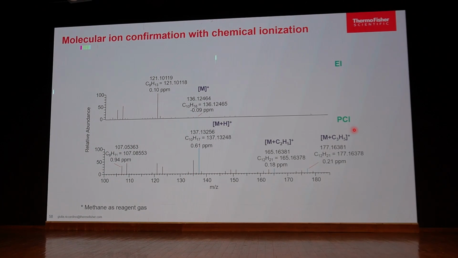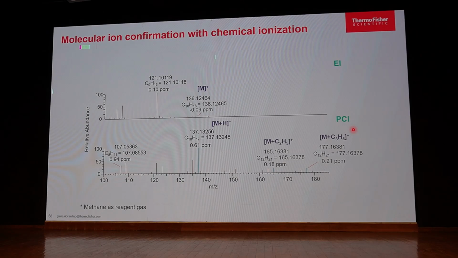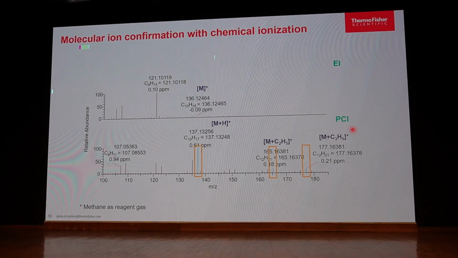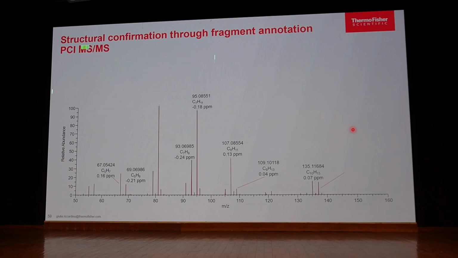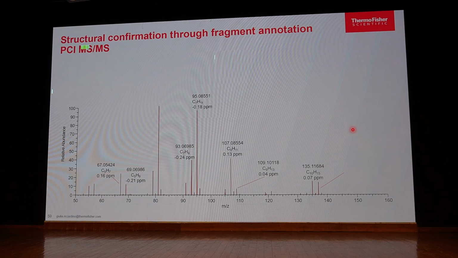So that gives you real confidence about your identification and confirmation criteria, and then further you have the MS/MS spectra for the parent ion in chemical ionization, and parallelly you can see all the fragment ions also passing the 5 ppm mass accuracy.